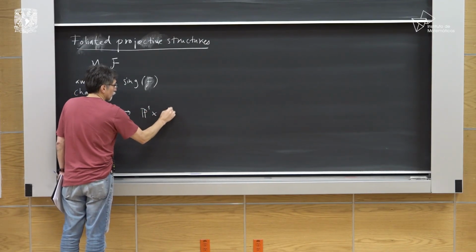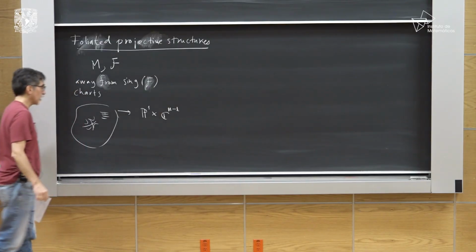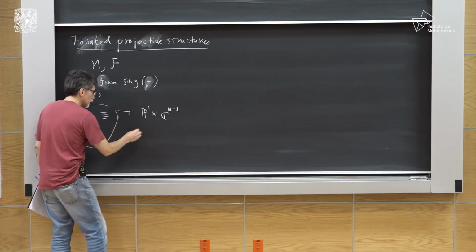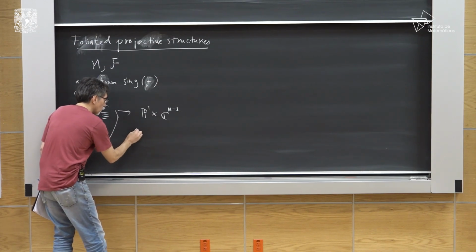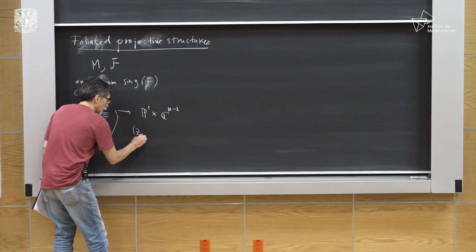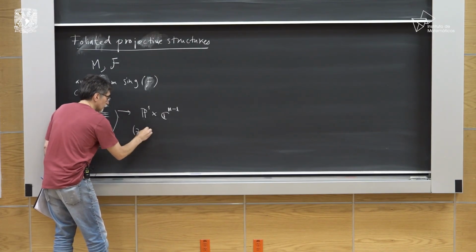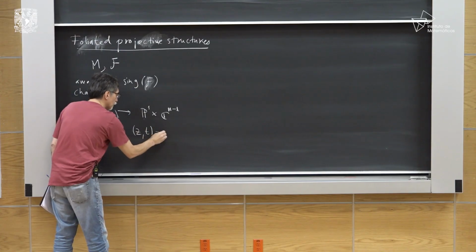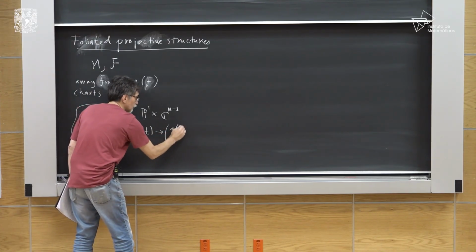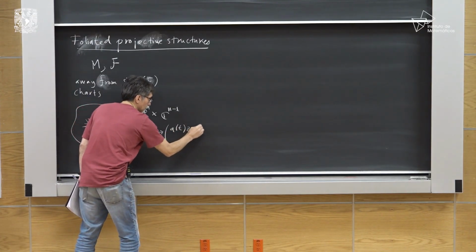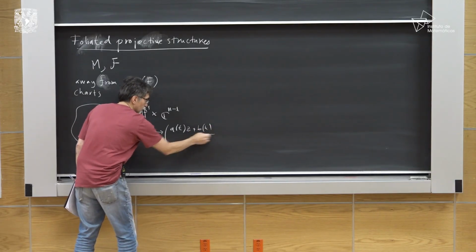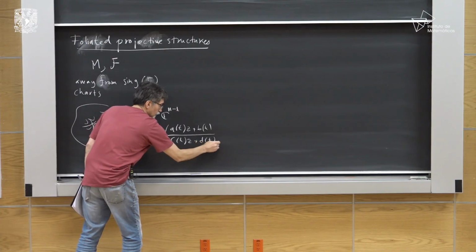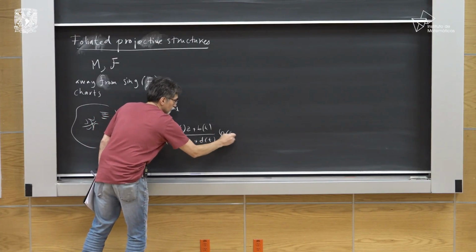If your manifold is of dimension n, you have charts taking values in P1 times z, such that the changes of coordinates are of the form (z, t), t a parameter, will be mapped to (a(t) z + b(t) / c(t) z + d(t), some function phi of t).